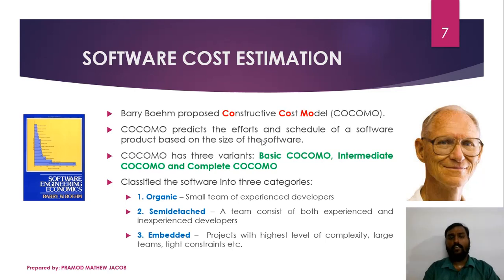So organic is somewhat lesser than semi-detached. Embedded means a project with a high level of complexity. It requires large teams to develop and there will be tight constraints to finish the project on time. The time or the complexity required for developing an embedded system is comparatively very high.